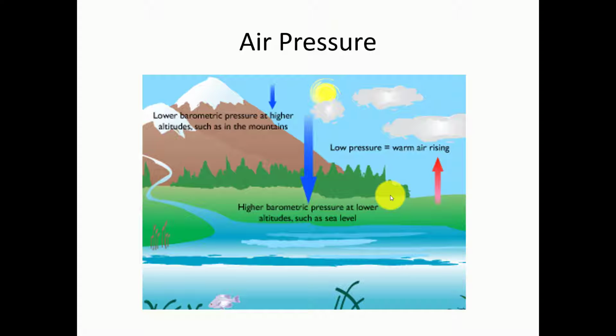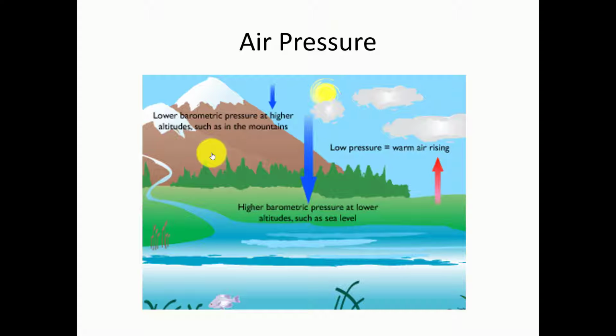In general, air pressure on Earth exists in varying amounts depending upon where you are relative to sea level. When you are at sea level, you can see here by this large blue arrow that there's a higher barometric pressure. And in fact, air pressure is the highest at sea level. As you go up in altitude, represented by this drawing of a mountain, you have lower barometric air pressures at higher altitudes, such as in the mountains.